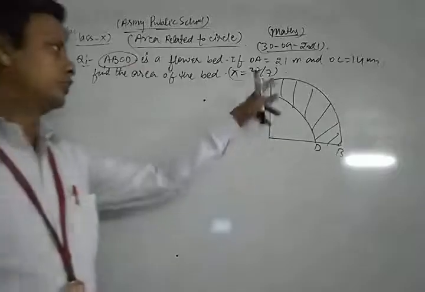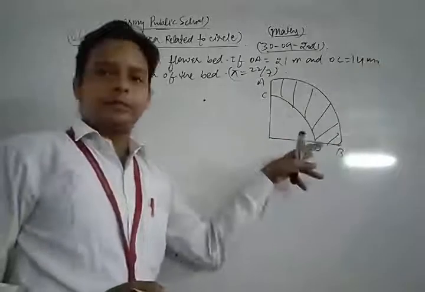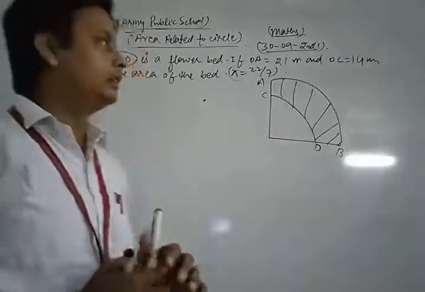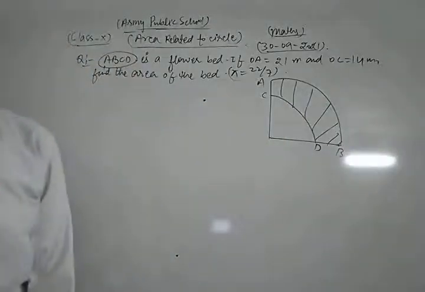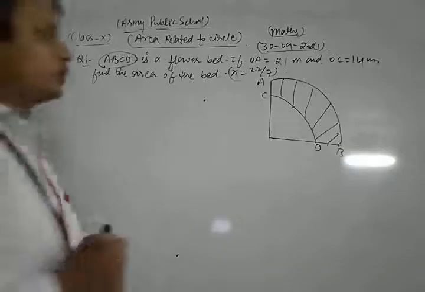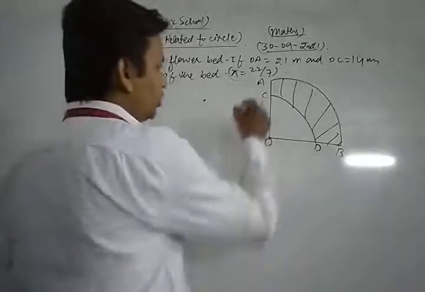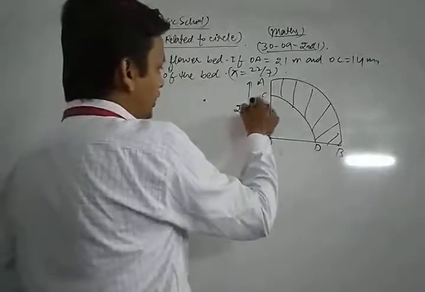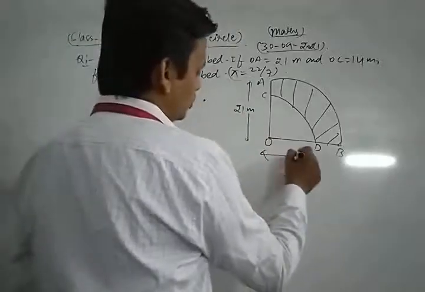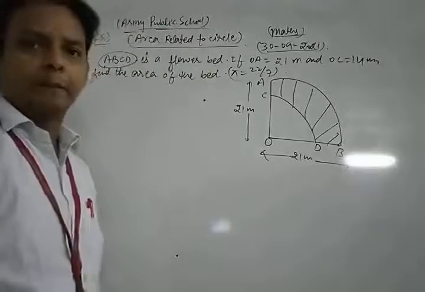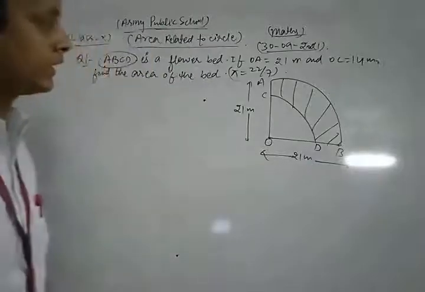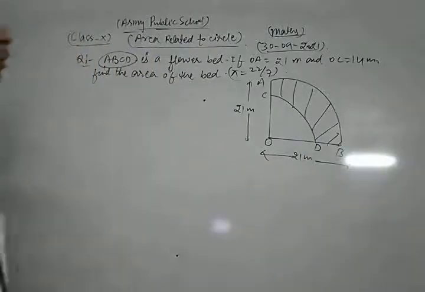OA is given as 21 meter. This is point O. You know that OA is equal to OB, which is equal to 21 meter. It is given in our question, and also OC is equal to 14.